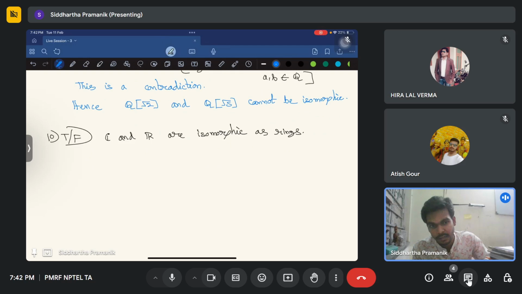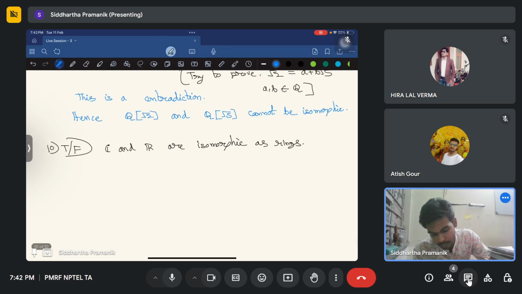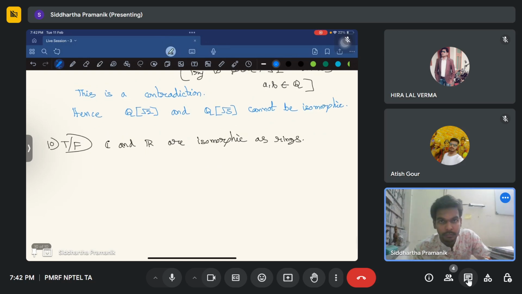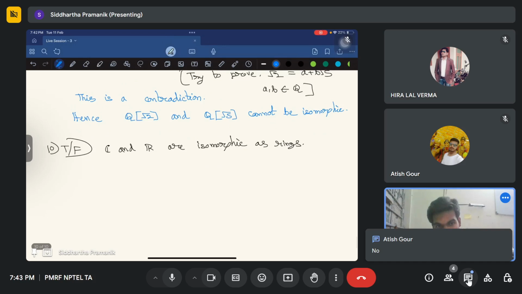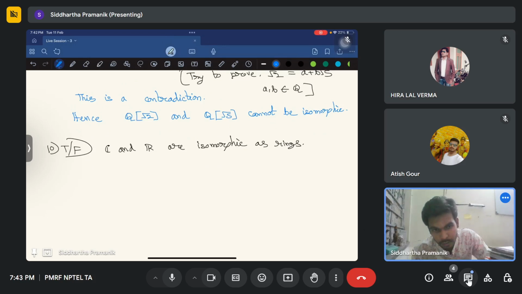Yeah, any answers? Are these two rings isomorphic? No. Okay. So, what is your justification?